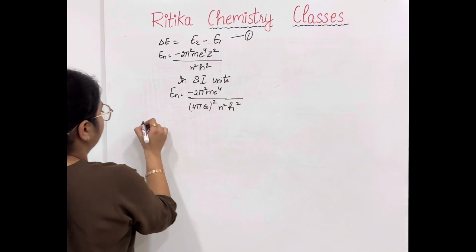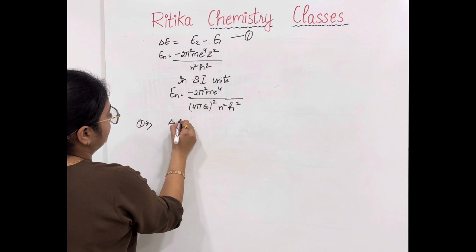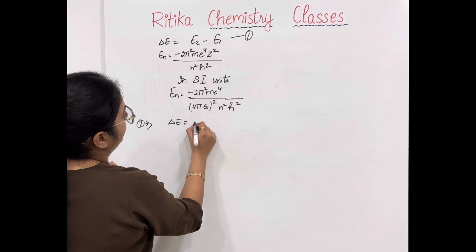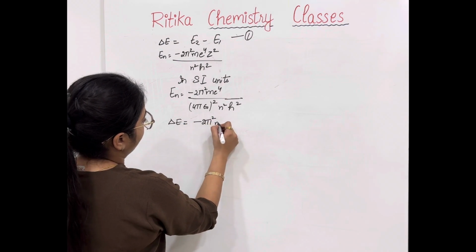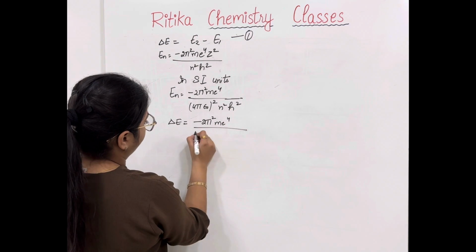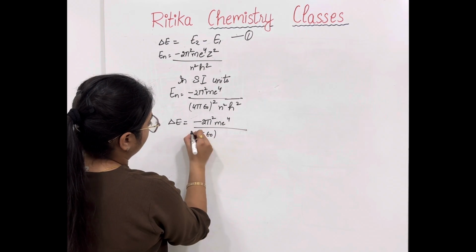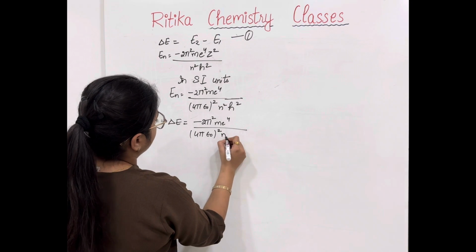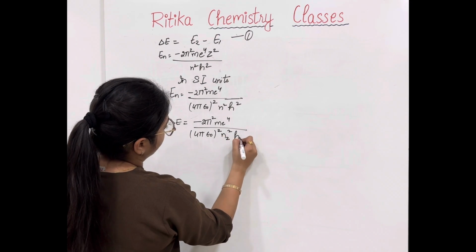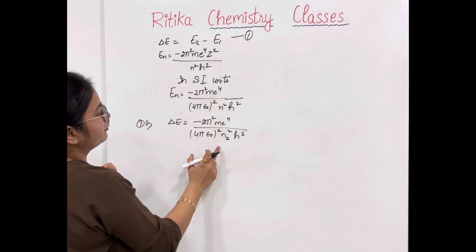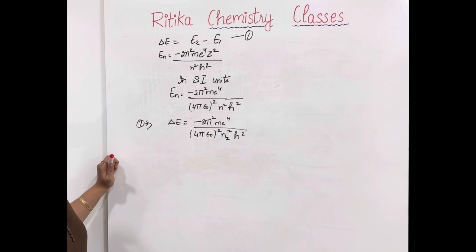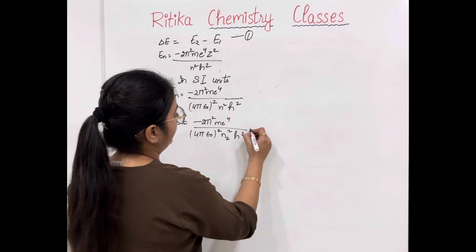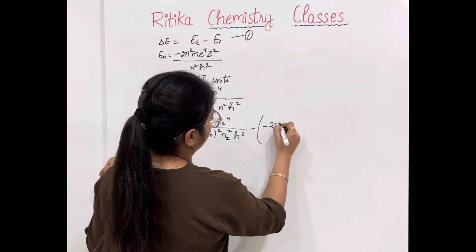we get delta E equals minus 2 pi square m e to the power 4 upon 4 pi epsilon naught whole square n2 square h square, where this is the energy of electron in n2 orbit, minus of minus 2 pi square.